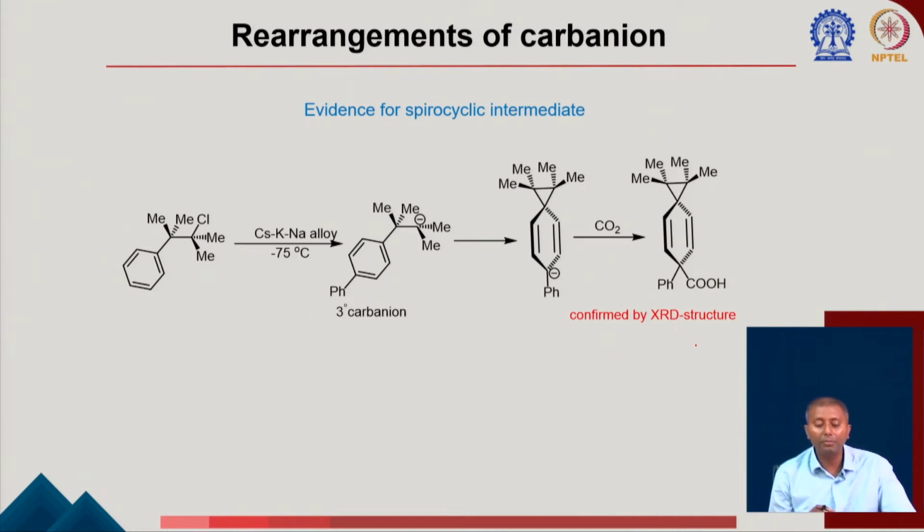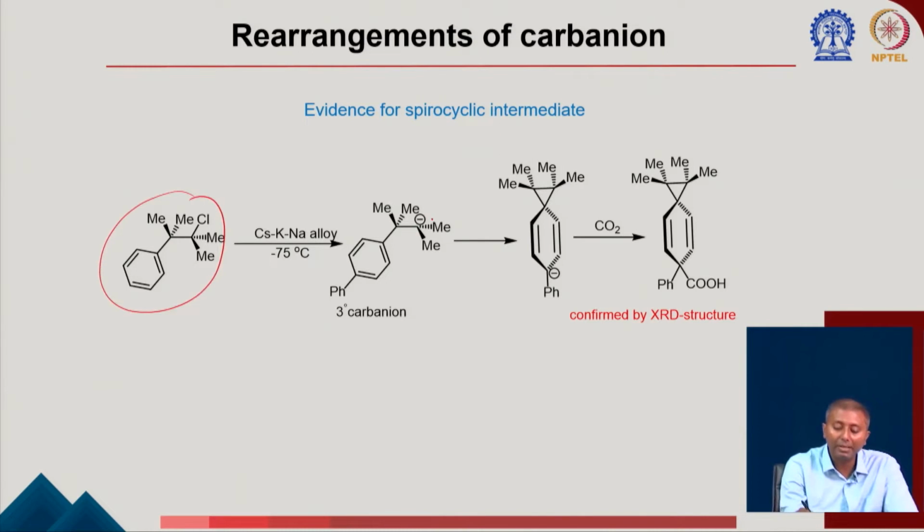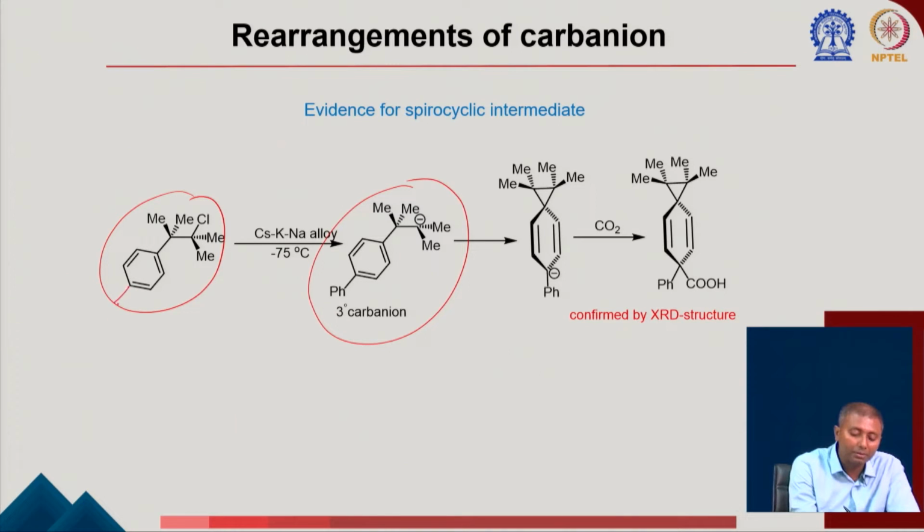So we can give you some evidence of this, whether it is happening or not. From this compound, the metal halogen exchange can generate the corresponding carbanion. I think there will be a phenyl group which was missing here. So there will be a phenyl group here, and now once this carbanion formation is happening, it can attack here, as I said before, which will generate this carbanion here.